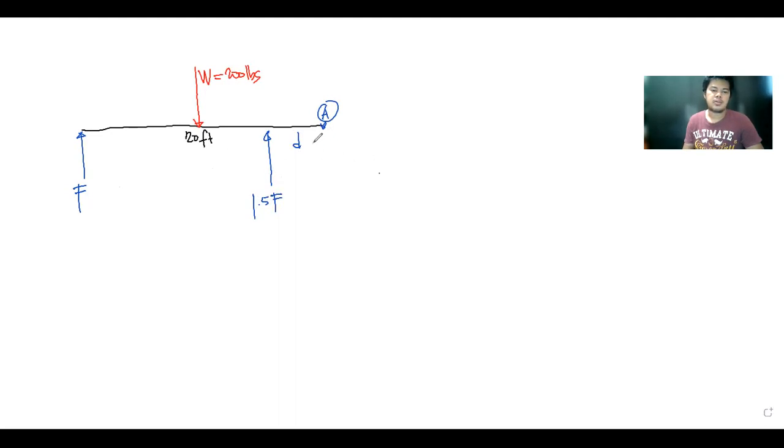So this would be the free body diagram for problem number 8.